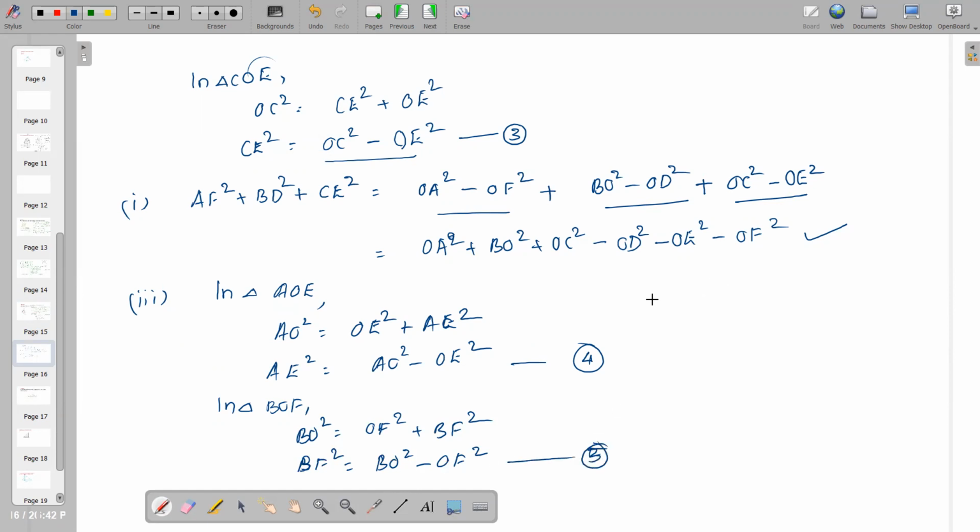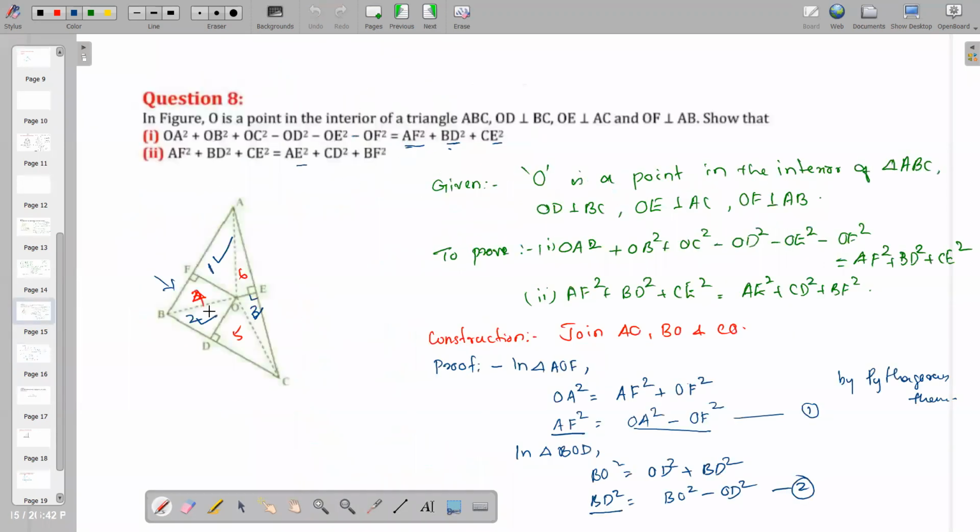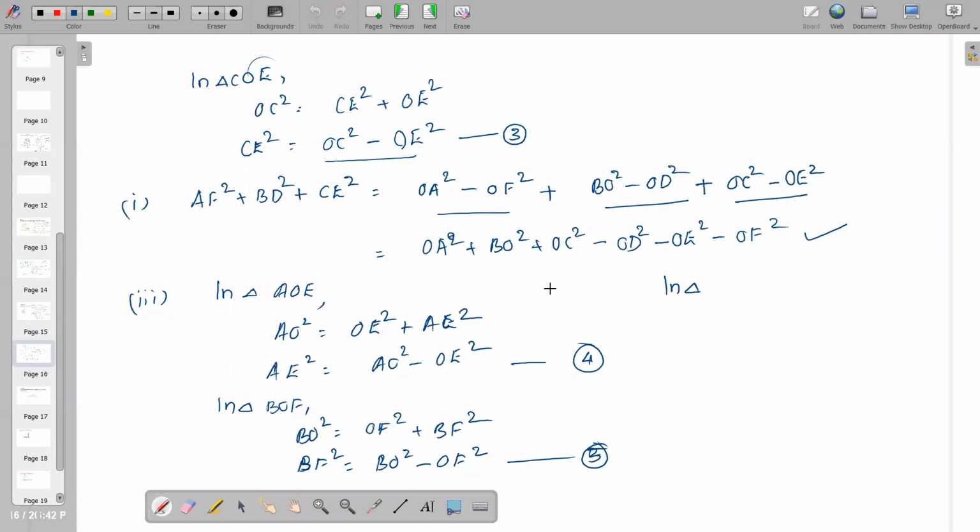Similarly, the other one also we can take. In which triangle? COD, correct. Again, OC square is equal to OD square plus CD square. So CD square can be written as OC square minus OD square. So this is equation 6. From all these equations, we can add all these.